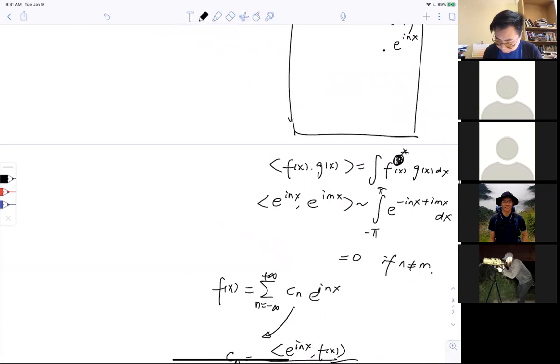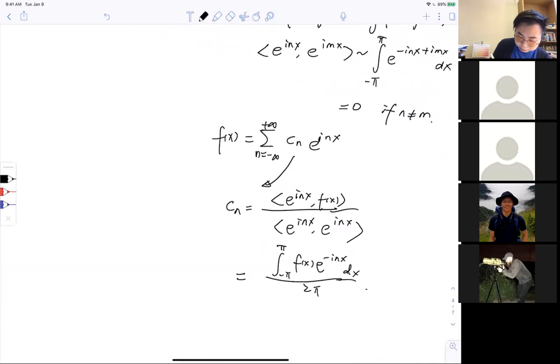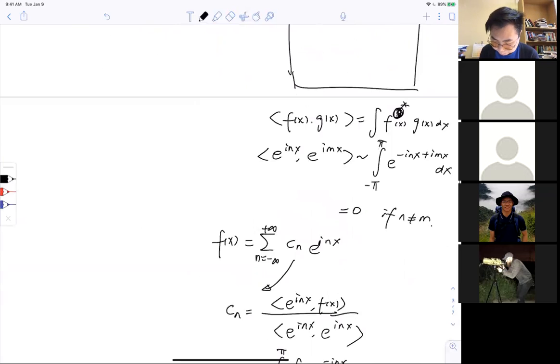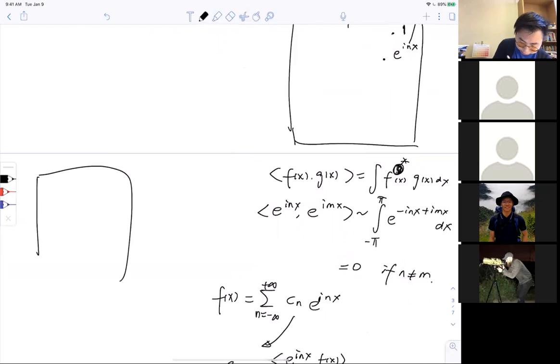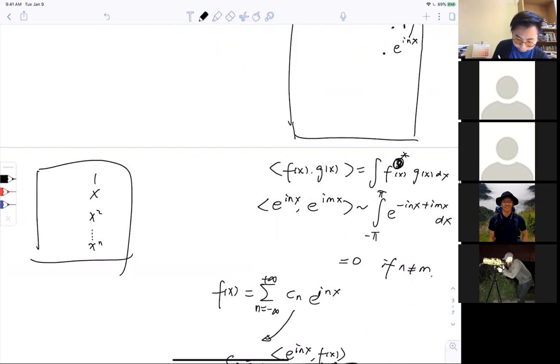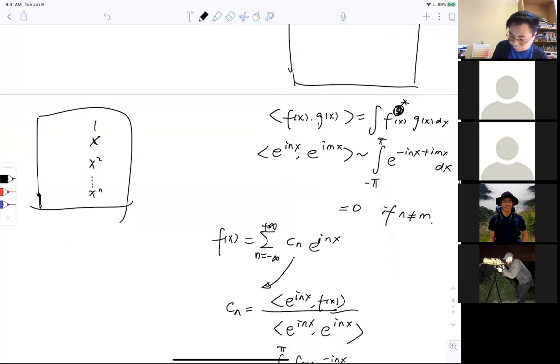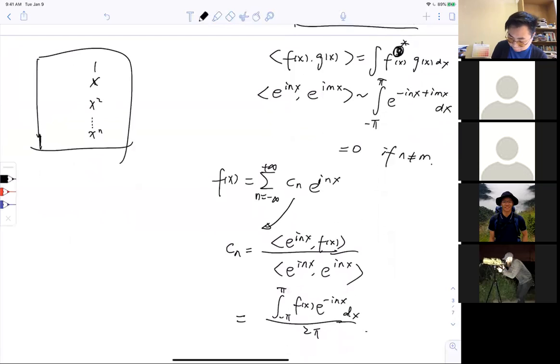So we mentioned before that the Taylor series can also be thought of in this way, but the difference is that for the Taylor series, the basis is 1, x, x squared, and in general x^n. This basis is not orthogonal. Of course, it depends on how you define the inner product, but generally speaking, it's not orthogonal, and there are no such nice properties for the coefficients.